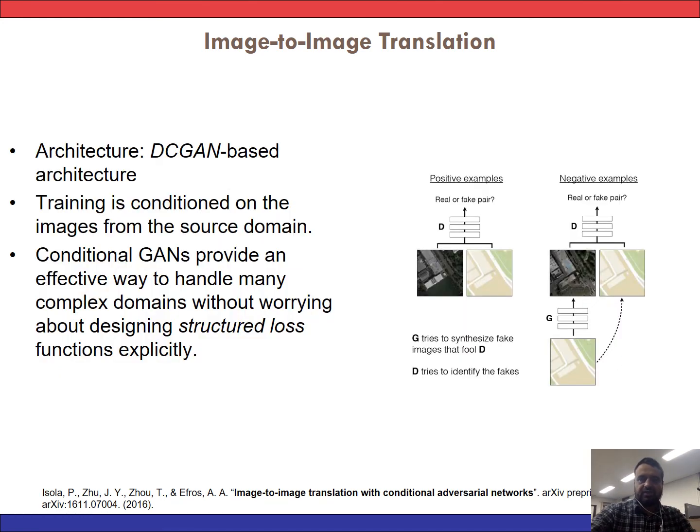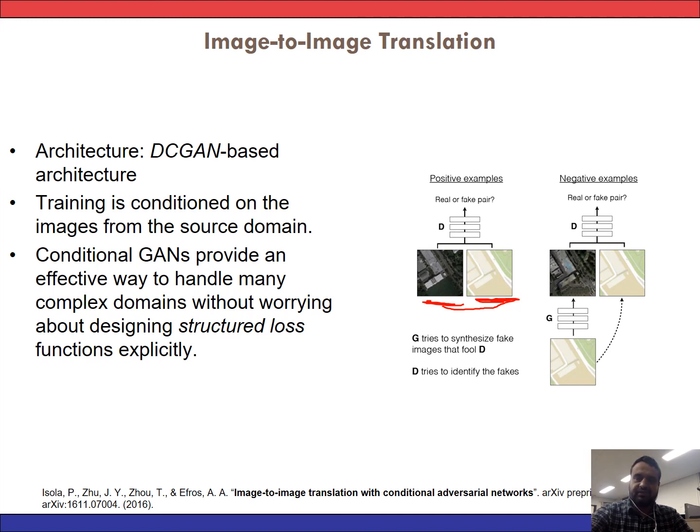How does this image to image translation architecture work? This is the discriminator part, which takes both as real input. Here we can see that this is the label and this is the input image. These are given to the discriminator, and the discriminator generates real or fake pair as output.